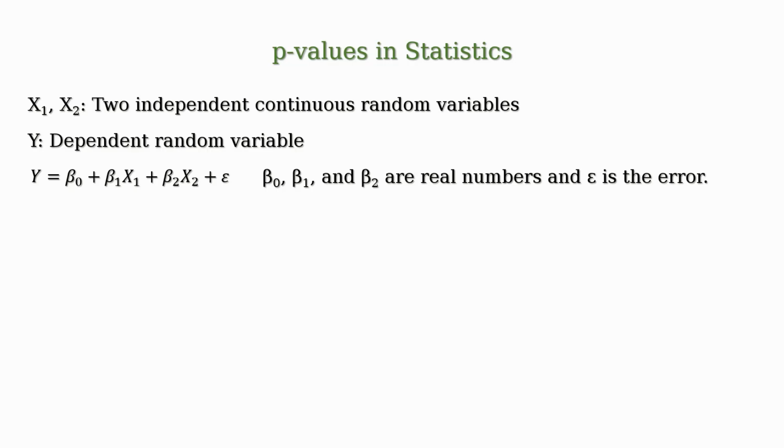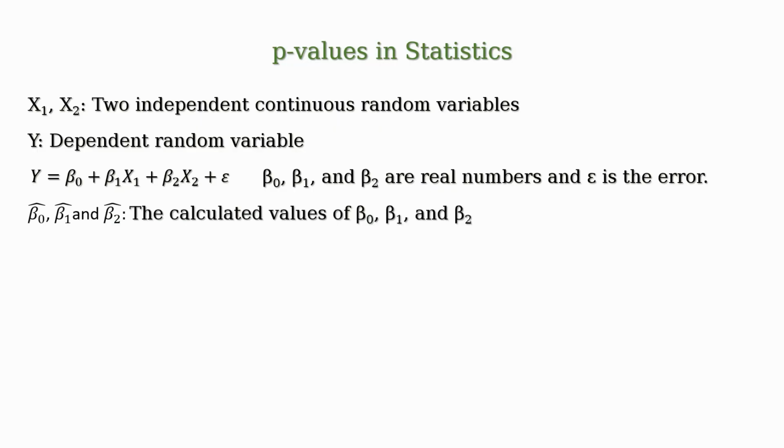We can draw a sample and use the observed values of the sample to estimate the parameters beta 0, beta 1 and beta 2. Let's say from the sample we calculate the following values of beta 0, beta 1 and beta 2.